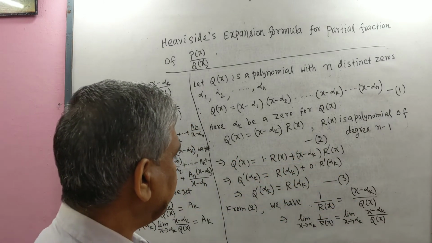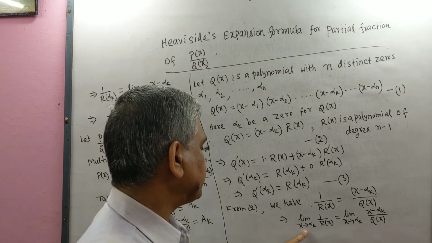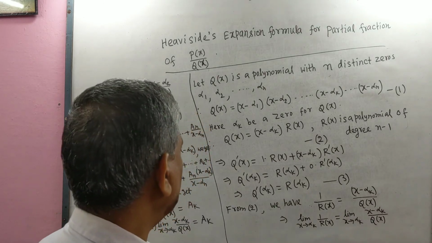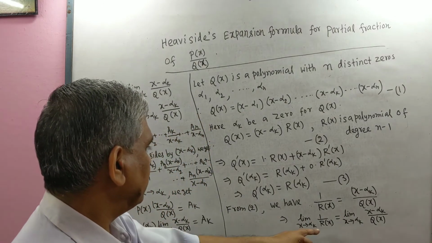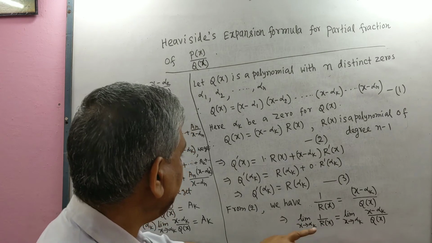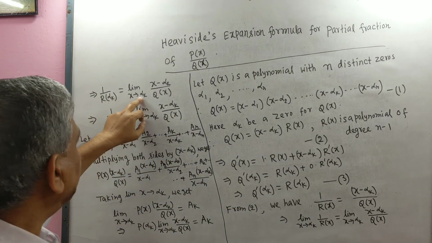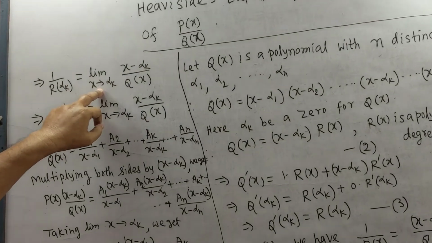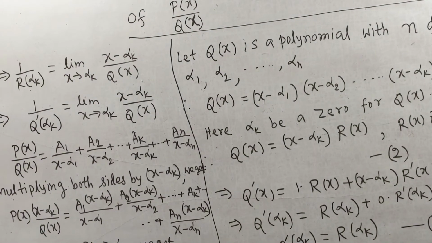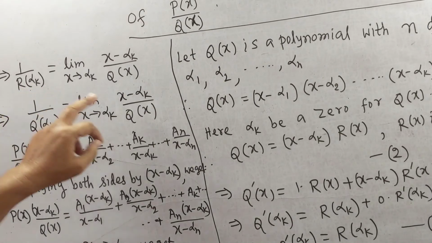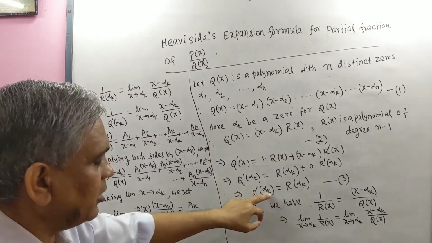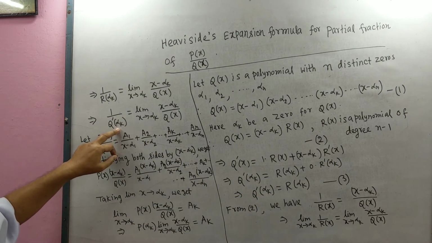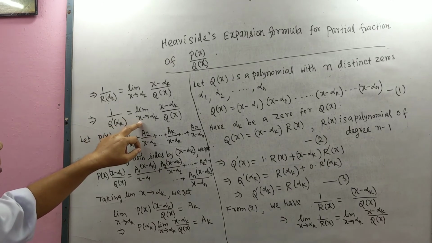Let us take the limit x tends to alpha k on both sides. Now we put x equal to alpha k; on the left side and right side the limit x tends to alpha k, with R alpha k being q dash alpha k. So here we put q dash alpha k, and the right side is the same.